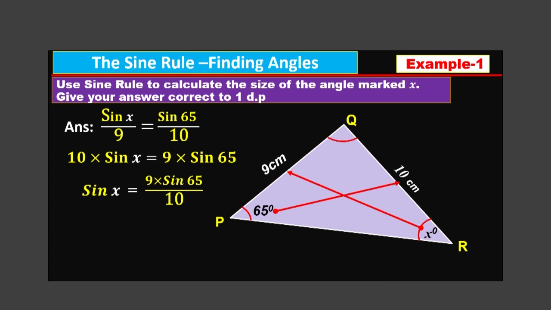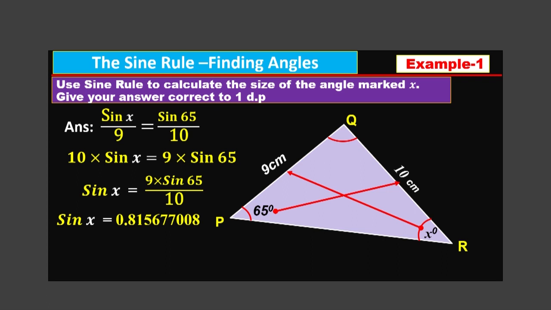Here is where you may use the calculator to find the answer only for the right side by placing brackets in the numerator. So your answer would turn out to be sine x equals 0.8156770008.